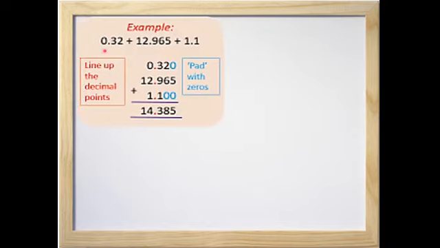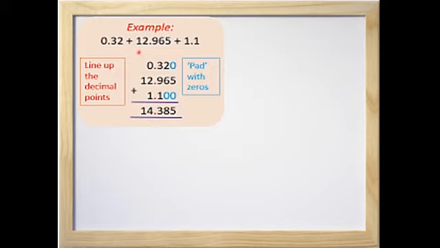Children, let us take some more examples and see how to add. Let us add these three decimal numbers, that is 0.32 plus 12.965 plus 1.1. All these three decimal numbers are unlike since they have different decimal places. Now, to convert them into like decimals, we have to see the number having the maximum number of decimal places.